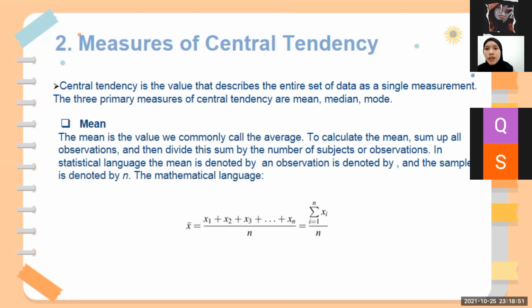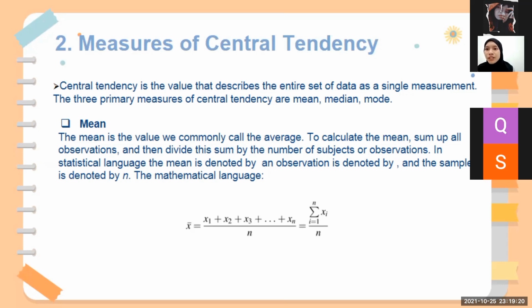For the first is the mean. The mean is the value we commonly call the average. To calculate the mean, sum up all observations and then divide this sum by the number of subjects or observations. In statistical language, the mean is denoted by X bar, or rata-rata.